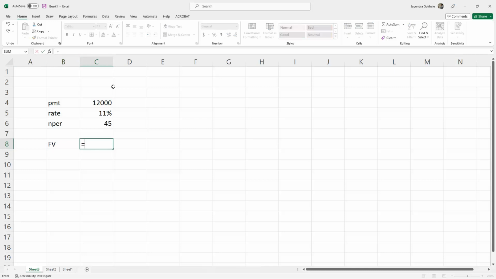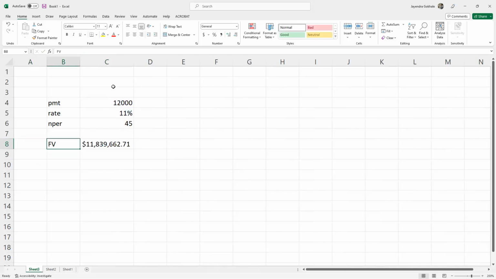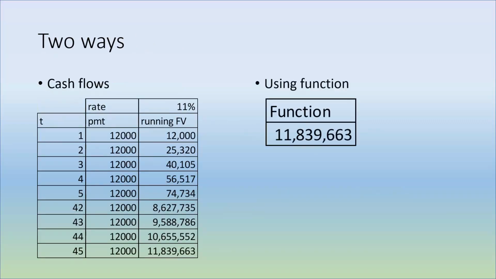So equals FV, rate, number of periods, the equal payment, negative for loan consideration, and the value today is nothing, she didn't start with anything, and the type is 0. So she ends up with $11.83 million at the end of 45 years. Both ways are given in the associated PowerPoint. Feel free to play with it using the worksheet object, open, etc.